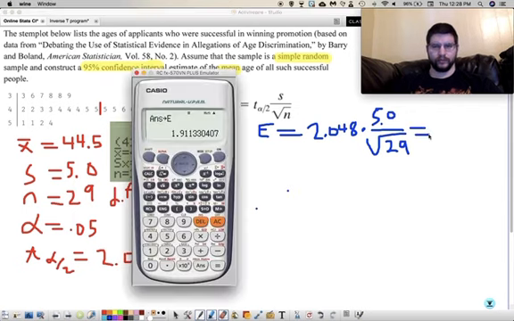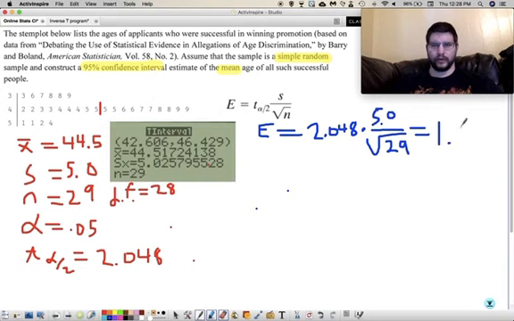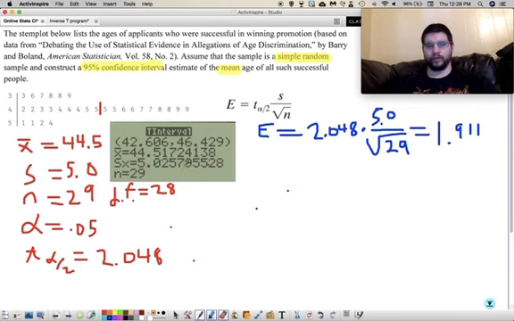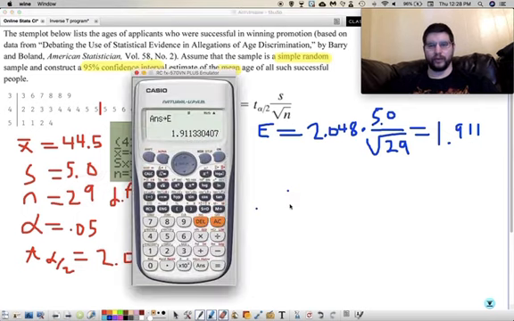So 1.911. And if you don't have a calculator that you can store on, just go a few extra decimal places until the very end. At the very end, we're going to round to one decimal place. Go at least 3 out for all your intermediate answers, and you should be pretty much the same. Should be pretty okay.